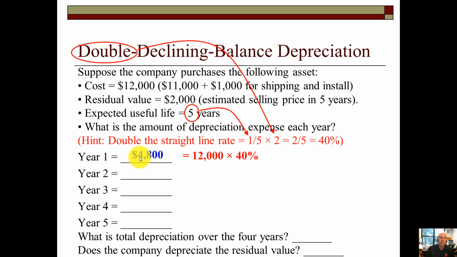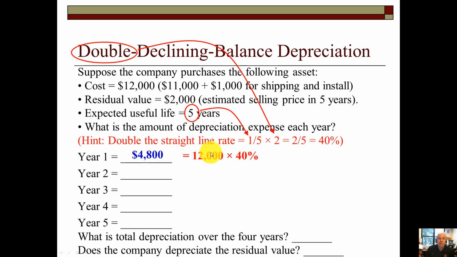Now, you need to remember another terminology that I taught you earlier on, and that is what is book value? What is book value or net asset value? Correct. It's cost minus accumulated depreciation. So we always figure out the depreciation by taking the beginning of year book value multiplied by the same double declining rate, the 40%.